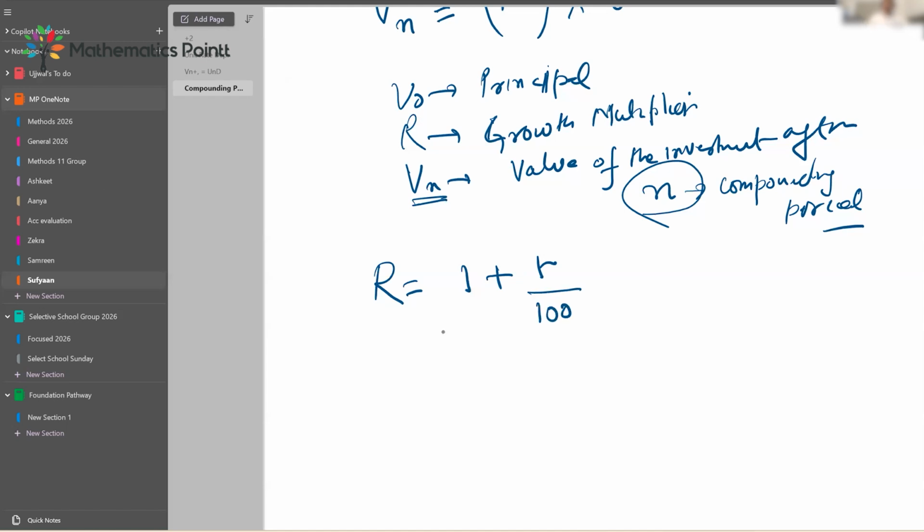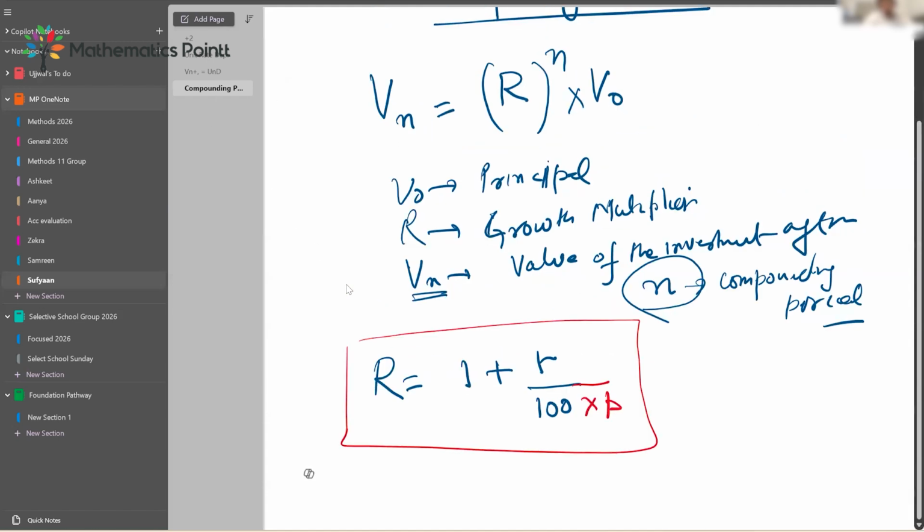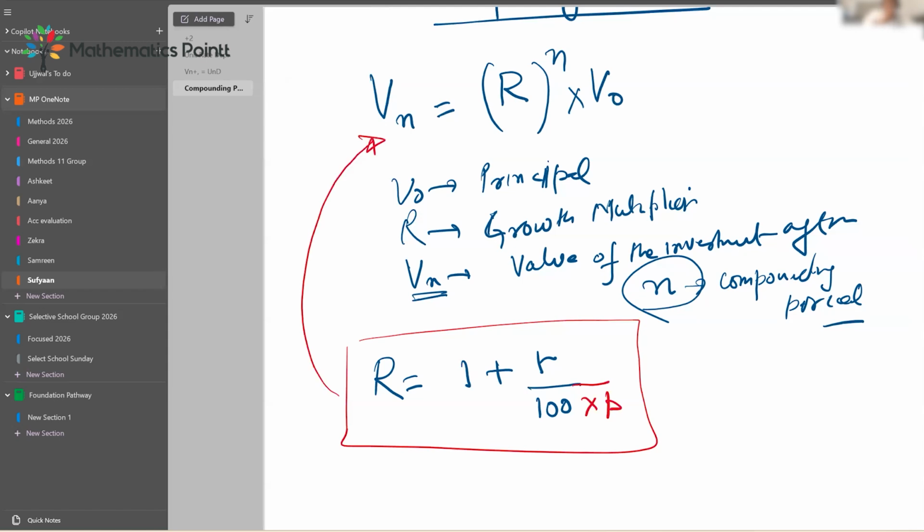Now, I change this formula a bit and I say R equals 1 plus the rate of interest over (100 times P) is the new formula for R. Very, very important. And using this, we will change this formula as well.